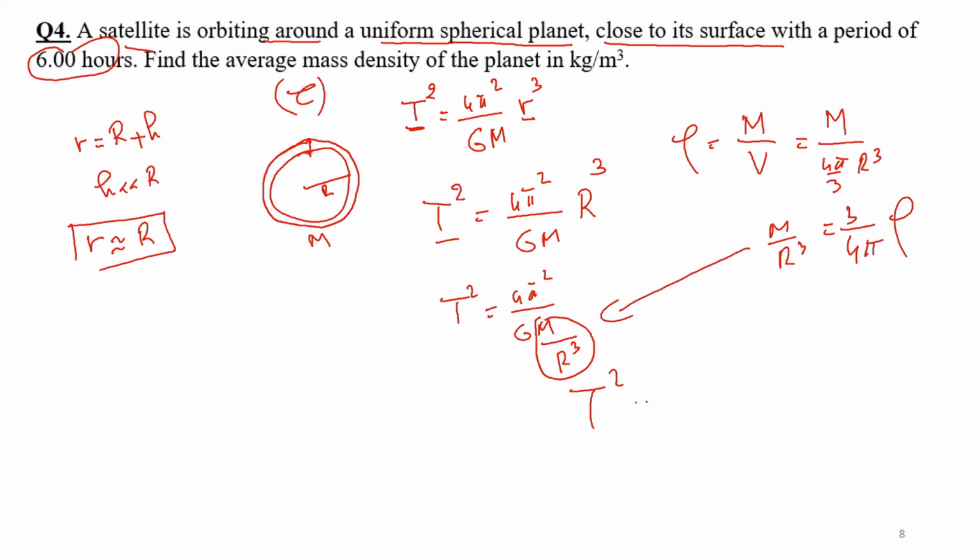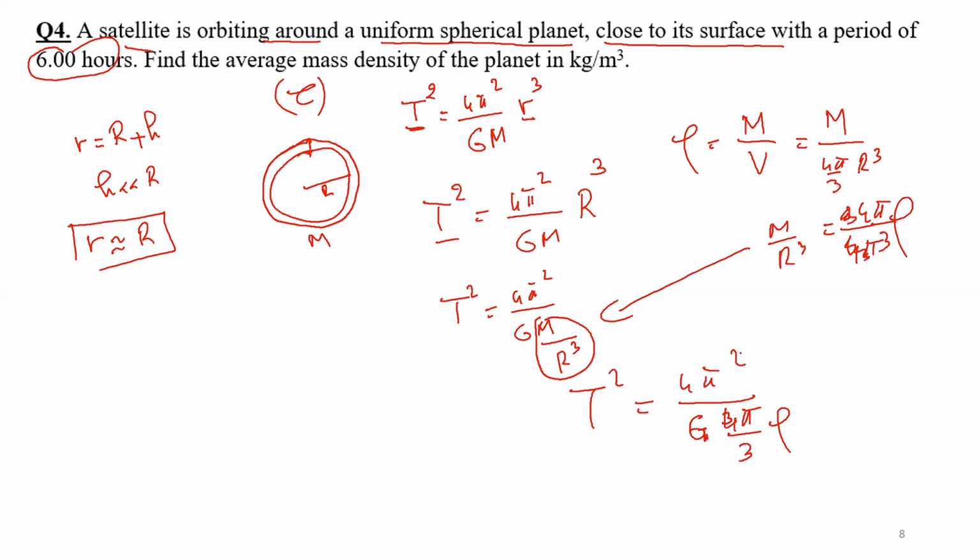I'll get T squared is just 4 pi squared divided by G. Now here I will have 3. Yes, here there is a mistake, of course. So this is 4 pi divided by 3, multiplied by rho.